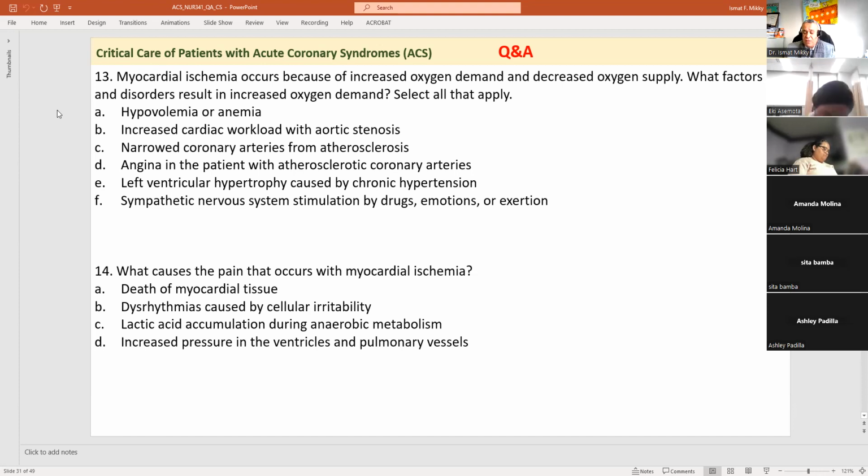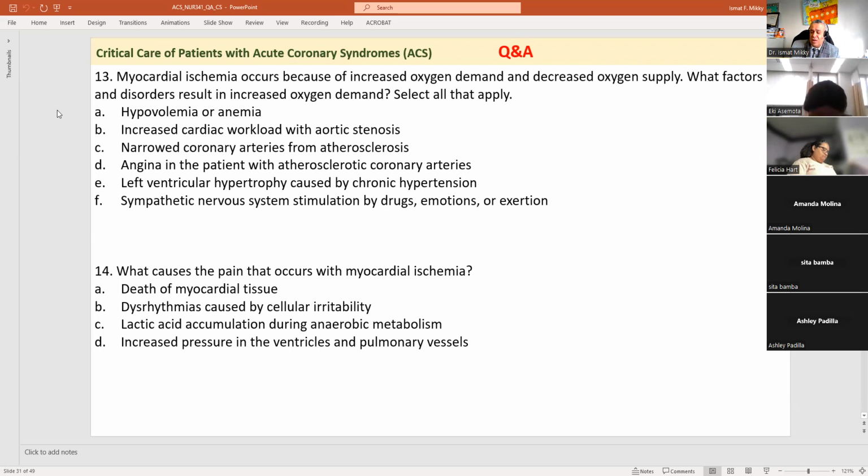Sympathetic nervous stimulation, the SNS, with tachycardia, increased heart rate, and anything that precipitates angina, which requires the heart to work faster. So increased cardiac workload with aortic stenosis requires that the heart work faster because there is a stenosed valve.